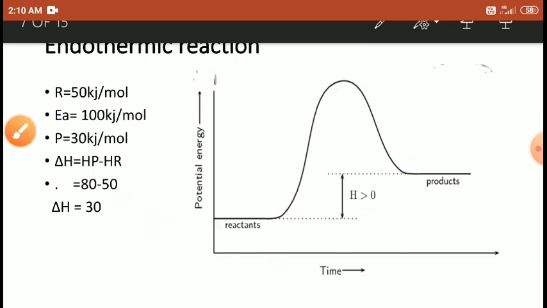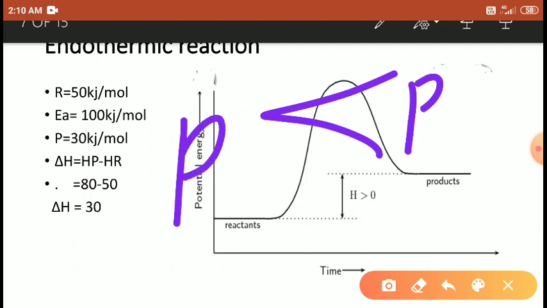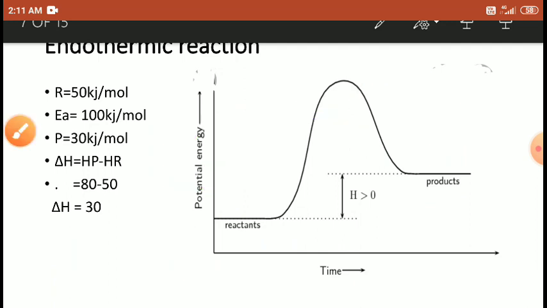That means the product has greater energy than the reactant, so the reaction is endothermic. Right, students?